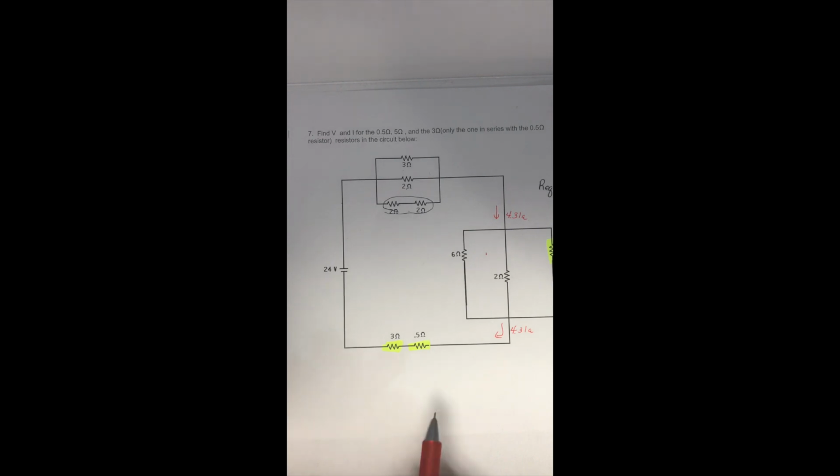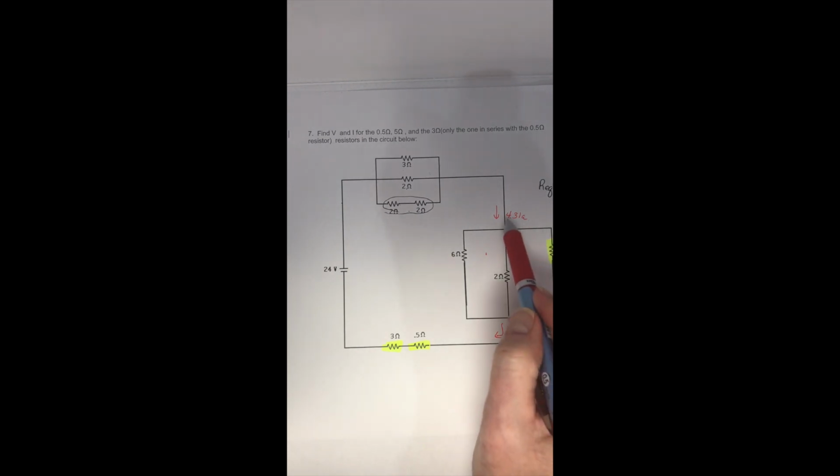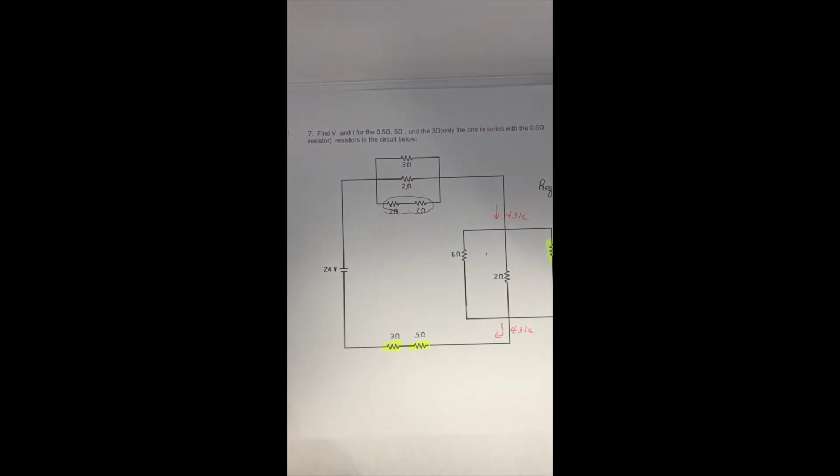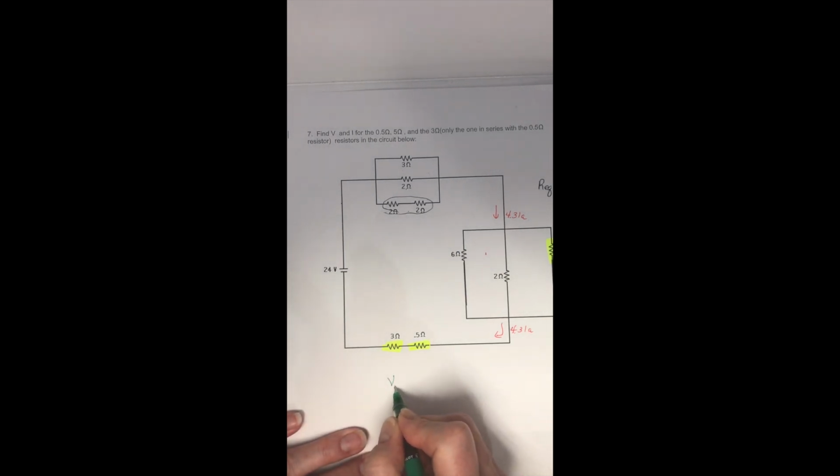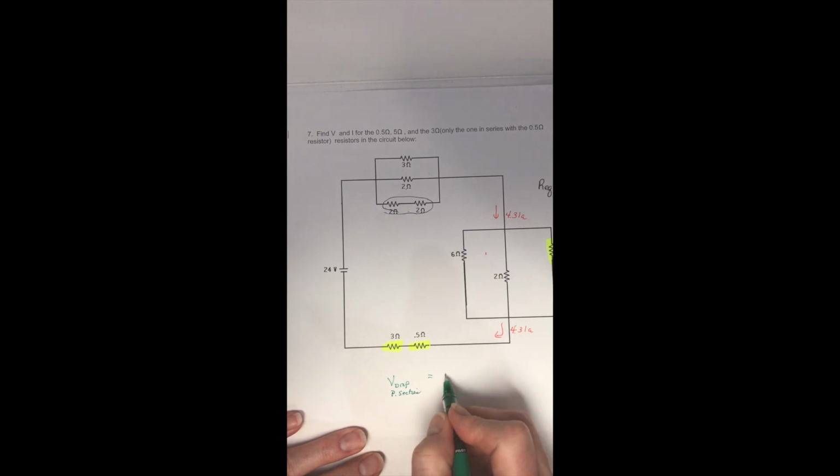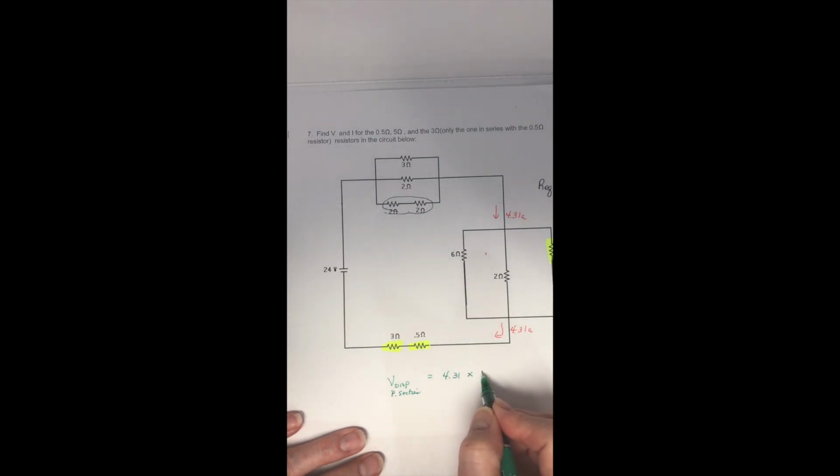All right, so if I know the total resistance and I know the total current going in, can I find the total voltage drop? I can. So I'm going to do it this way. I'm going to say the voltage drop for the whole parallel section is the current into and out of the whole section times the resistance of the whole section.